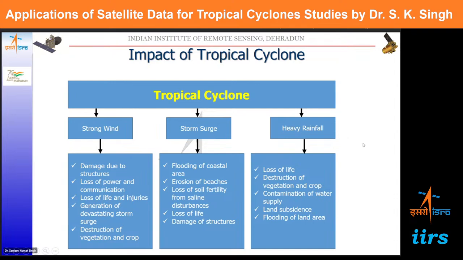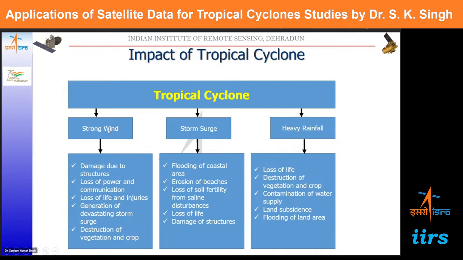So what will be the impact of the tropical cyclone? As we know, the tropical cyclone is associated with strong wind, storm surge, and heavy rainfall. These are the main responsible factors for the damage.